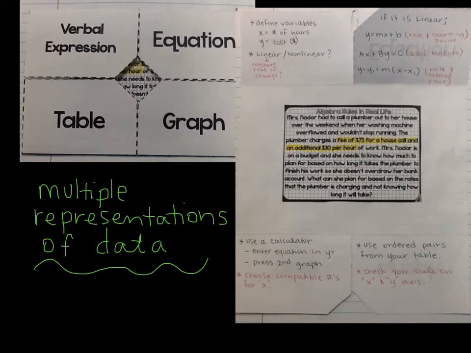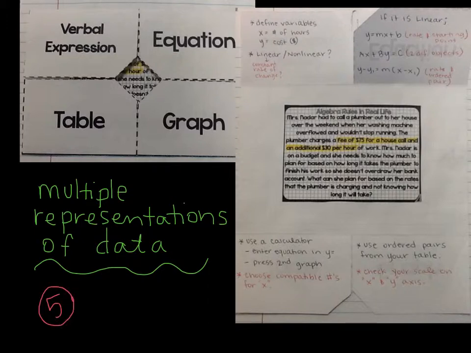The second day that you came to class is when we started talking about those multiple representations of data. So we created the foldable with the 4 doors here, and this was placed on page 5 of your interactive notebook.